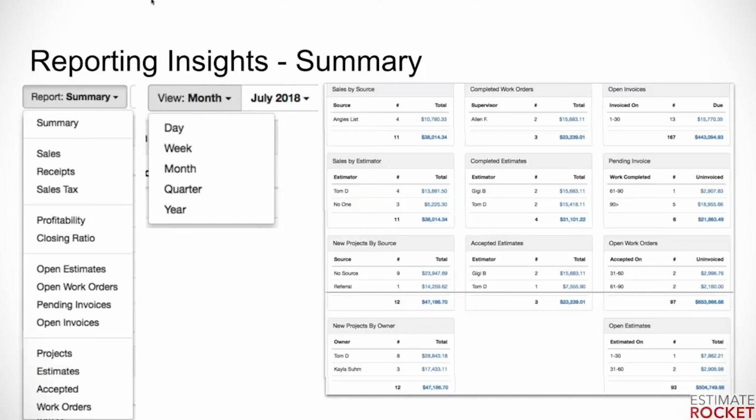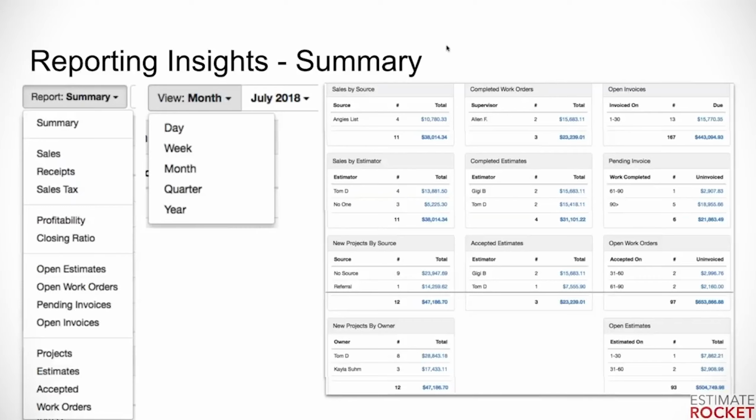The difference between those reports is that sales by lead source is based on invoices. Until something is invoiced, it's not going to show up in a report that's called sales or invoice. Completed work orders are based on the date you click the complete work button.